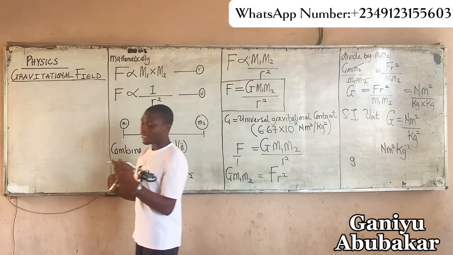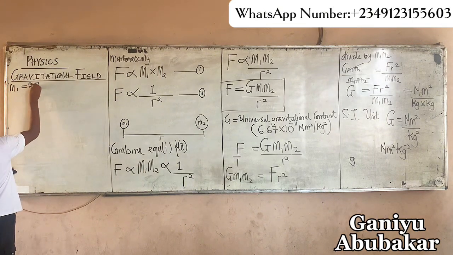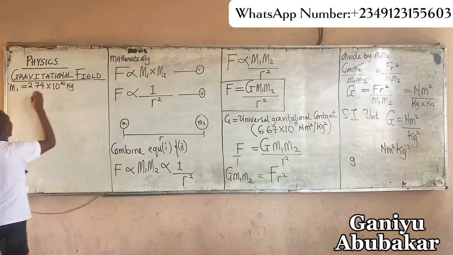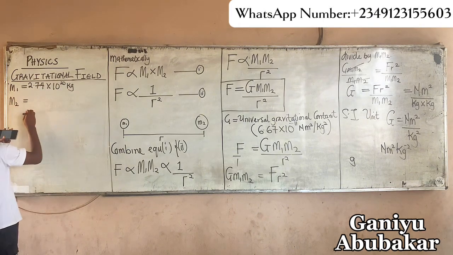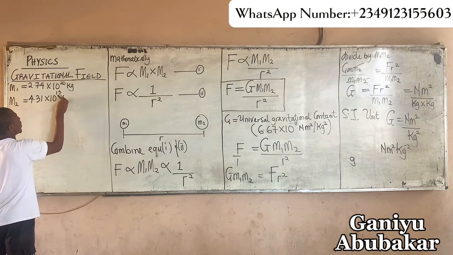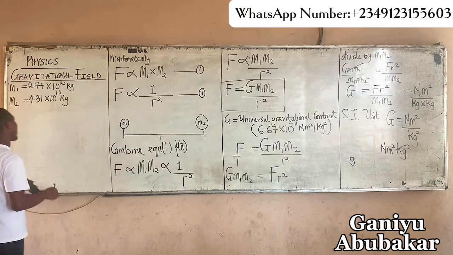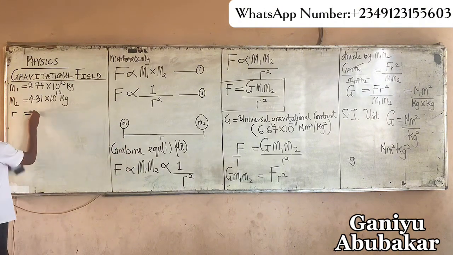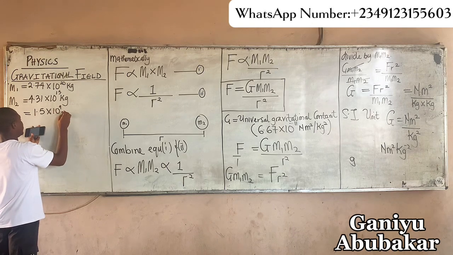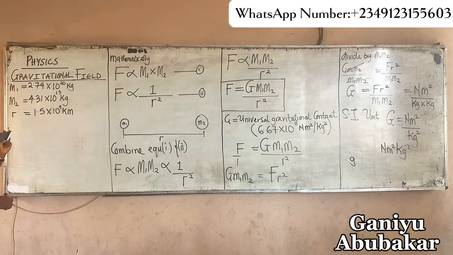Given two masses m1 and m2, such that m1 is equal to 2.74 times 10 to the power 20 kilogram and m2 is equal to 4.31 times 10 to the power 15 kilogram, separated by distance r, which is equal to 15 times 10 to the power 4 meters, kilometers. Find the force of attraction.